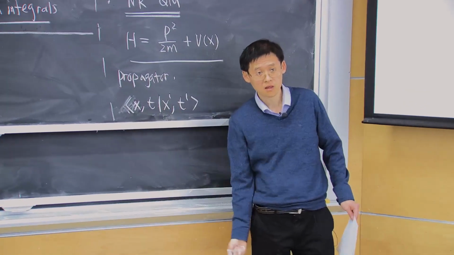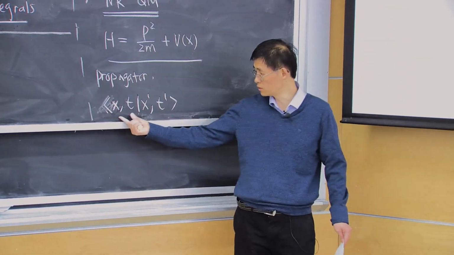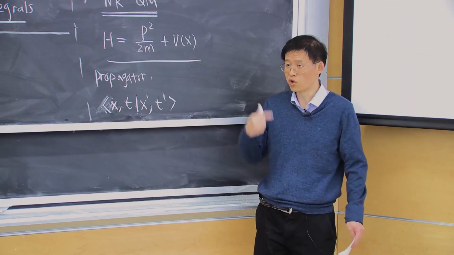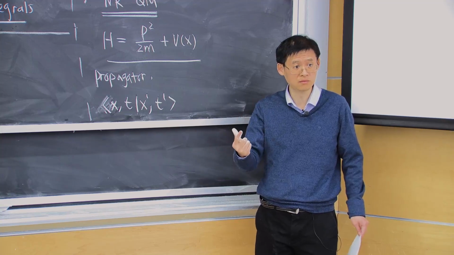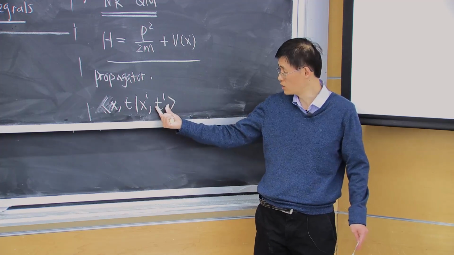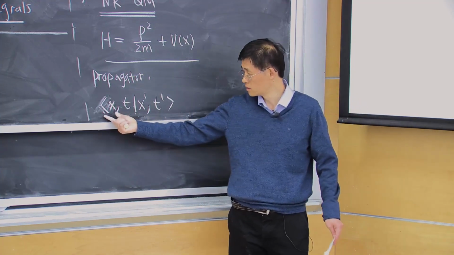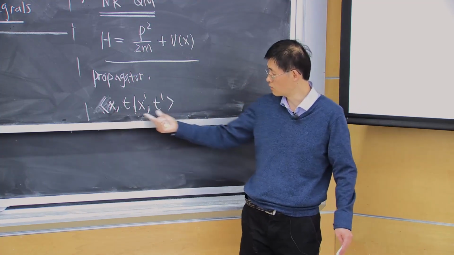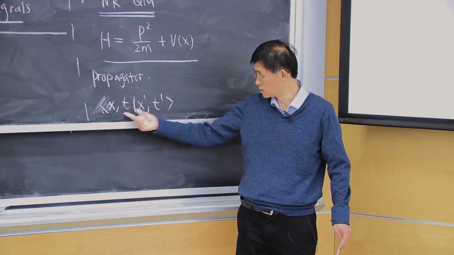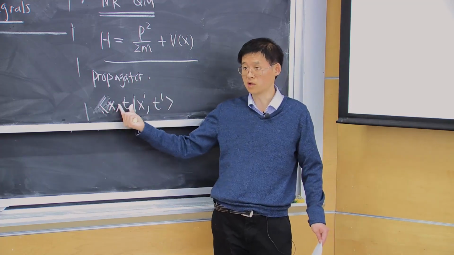Okay. So we mentioned before, if you know this object, it's essentially equivalent to having solved the Schrodinger equation. Because from the wave function at t prime, by convoluting with this object, you can get the wave function at time t.